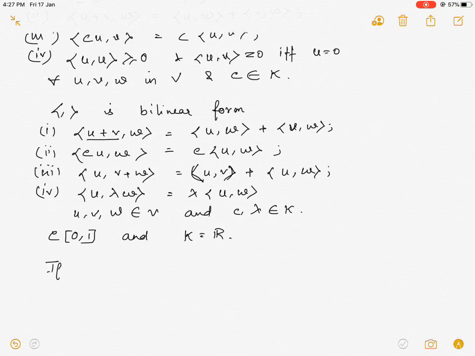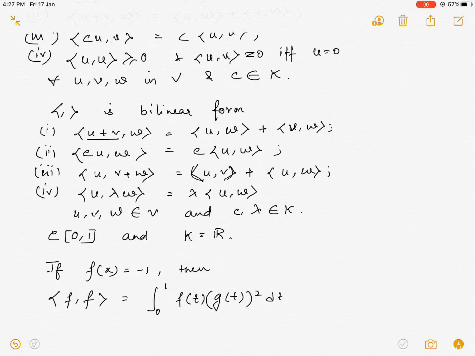First of all, we see that if f(x) equals minus 1, then <f,f> is the integral from 0 to 1 of (f(t))² dt, which is the integral from 0 to 1 of minus 1 times (minus 1)², which equals 1, dt.